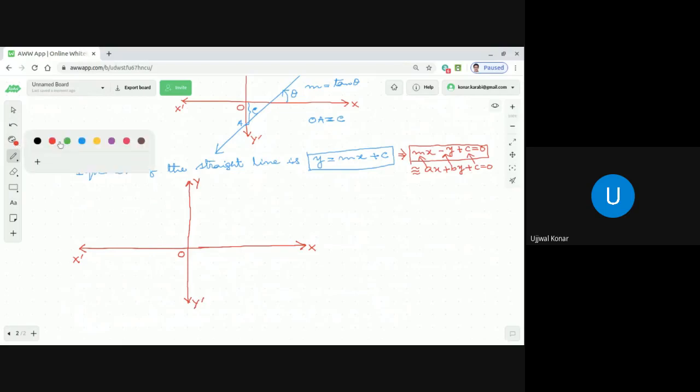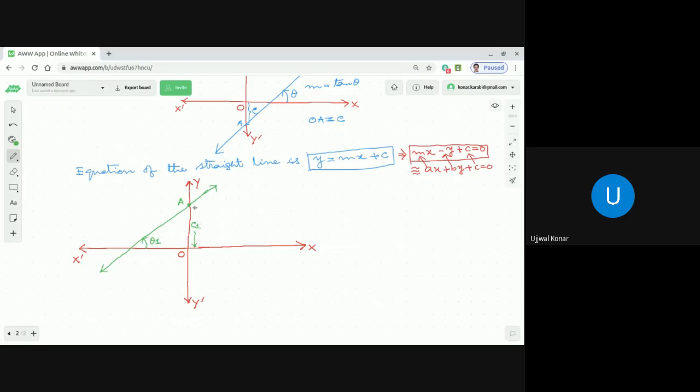I will use different colors to construct the straight line. So consider this straight line. This straight line has an angle, suppose theta 1, and suppose the intercept is OA, and this intercept is C1.